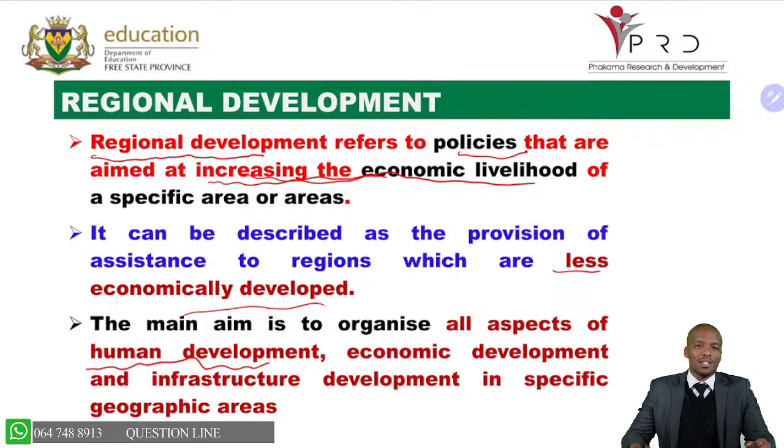When we talk about infrastructure, grade 12s, you will understand that it talks to roads, access to the railway, airports, and the issue of sanitation. All those things are associated with infrastructure.